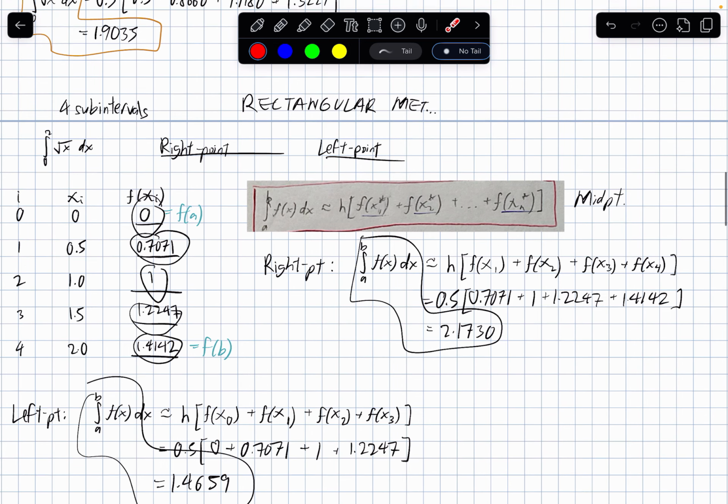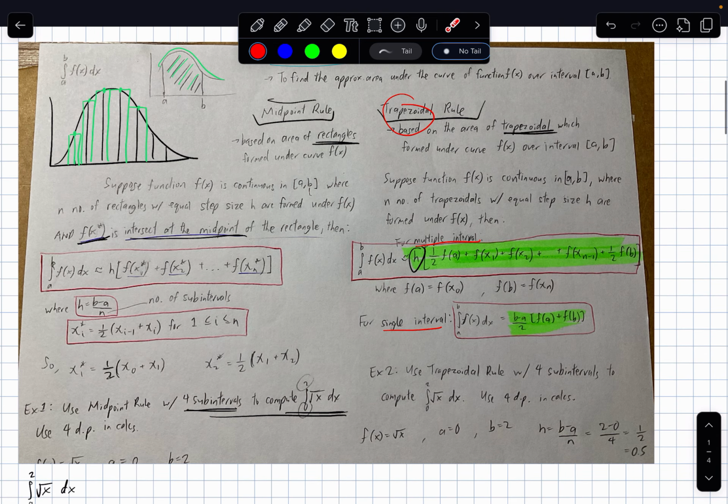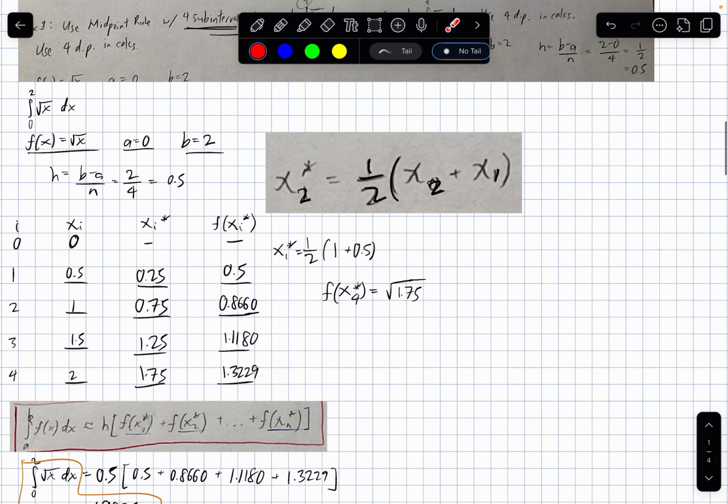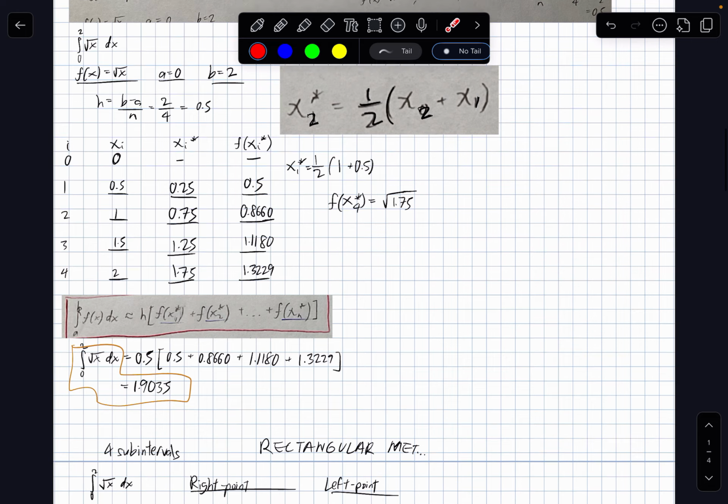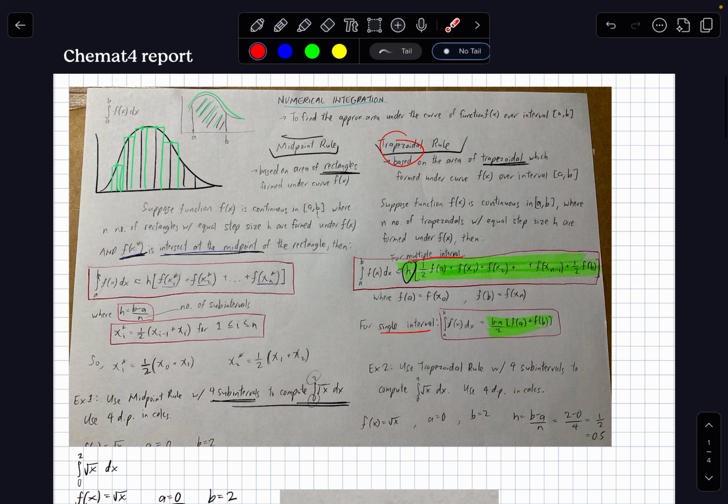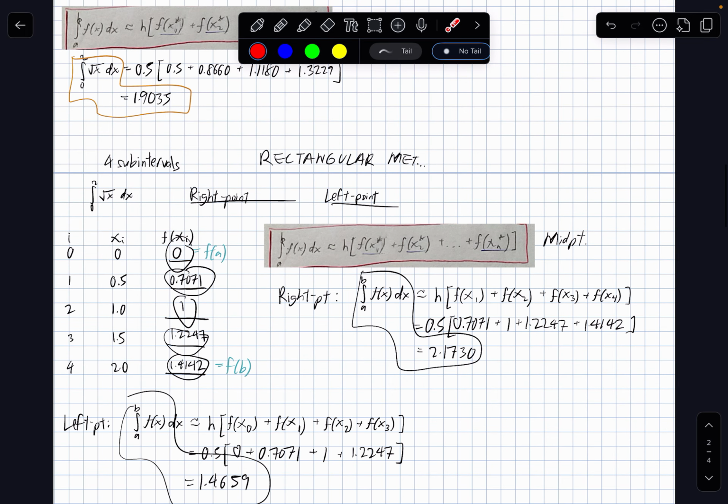So let's make a formal summary. Although at this point, I think we're basically done. Numerical integration, we have trapezoidal rule. Under it, we have the option for multiple interval and single interval. And then we have rectangular method. Under it, we have three approaches: midpoint rule, right point rectangular method, at saka left point.